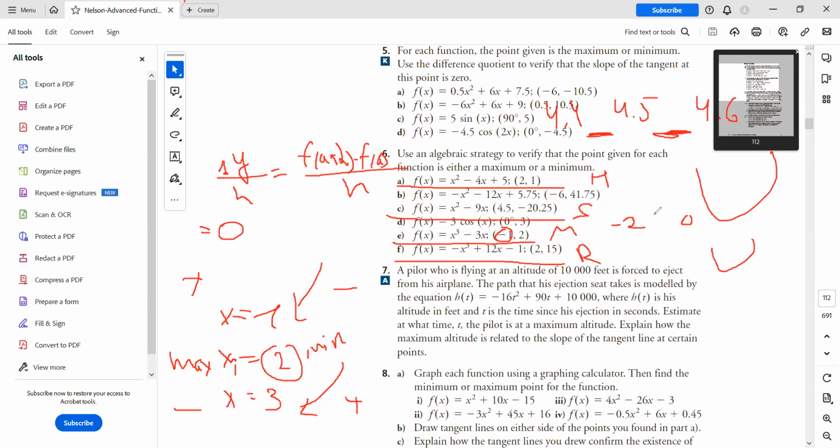You evaluate the average rate of change between x = -2 and x = -1, and between x = -1 and 0. If it's positive before and negative afterwards, it means it's a maximum value. If it's negative before and positive afterwards, then it's a minimum value.